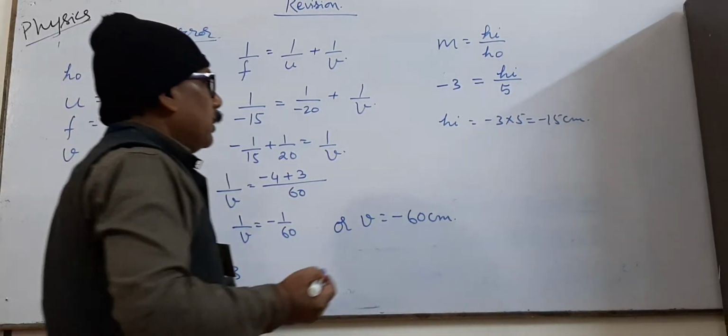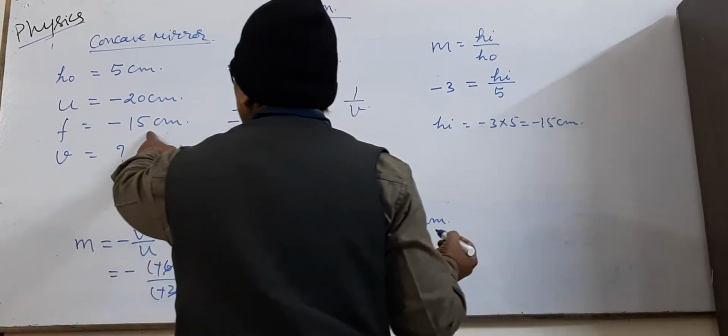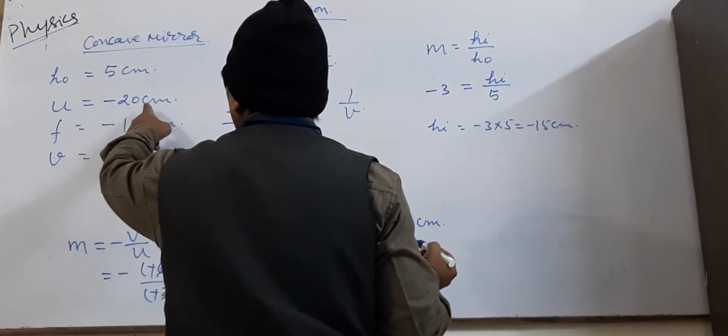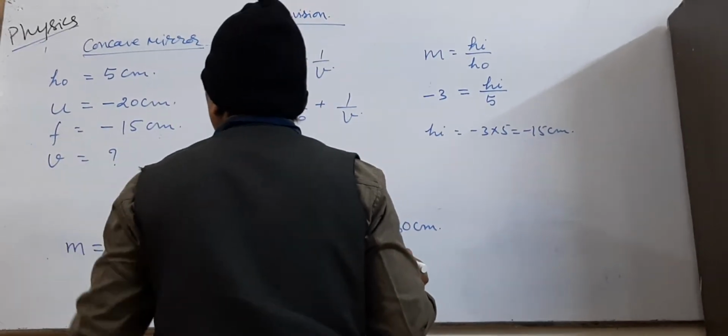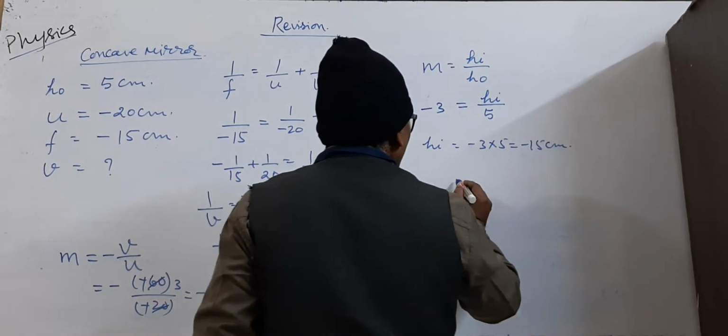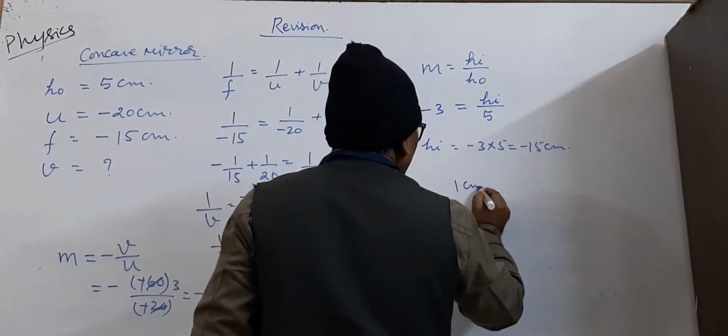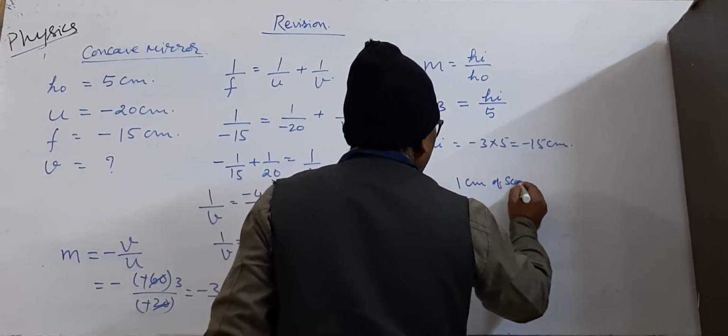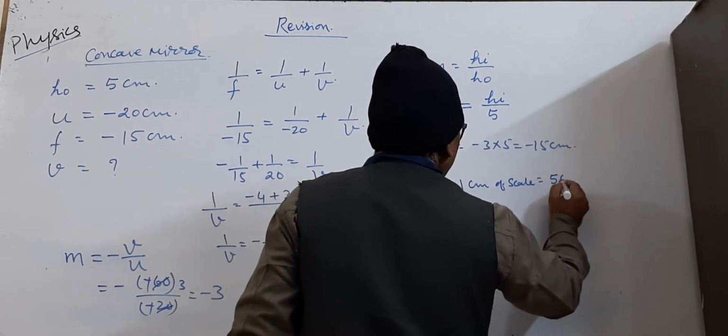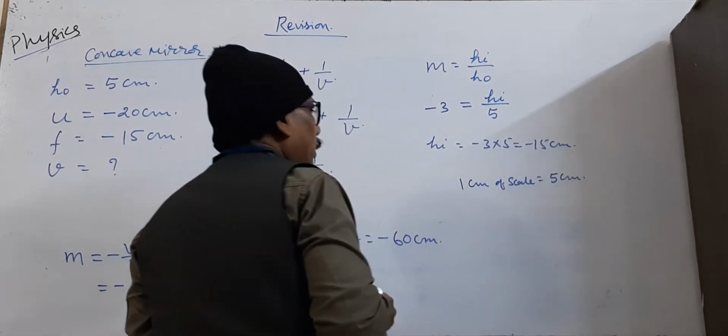Suppose 15 centimeter is focal length, object distance is 20 centimeter, height of the object is 5 centimeter. You can take 1 centimeter of the scale equal to 5 centimeter.